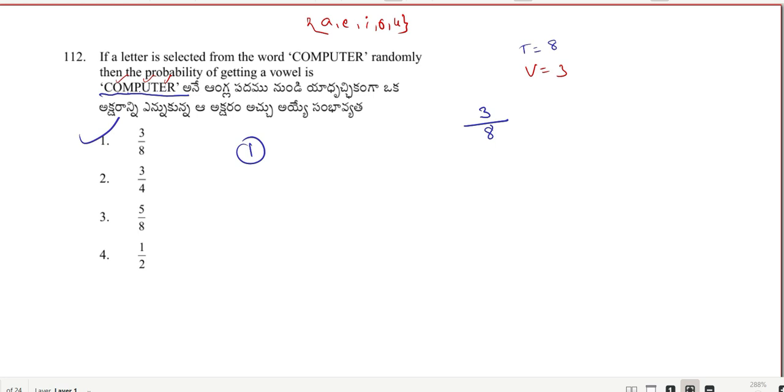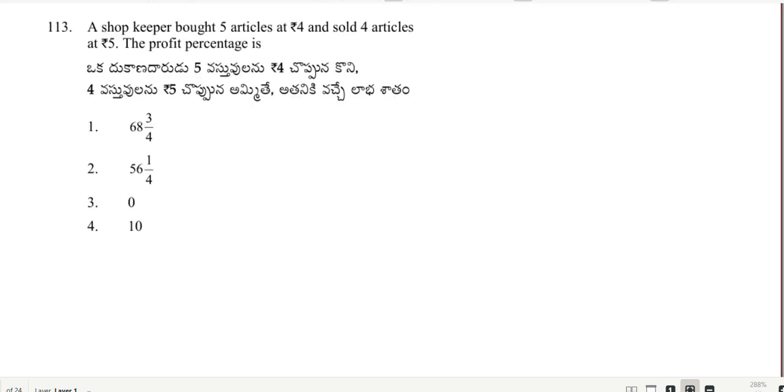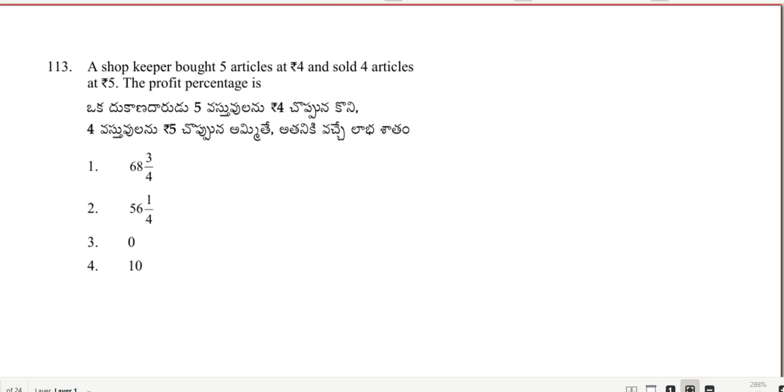Now let us see this next question. Okay, a shopkeeper bought 5 articles for 4 rupees and sold 4 articles for 5 rupees. Then profit percentage is what is asked. So firstly, let us take cost price and selling price. What we know? Cost price of 5 articles, 5 times cost price of 1 article, is given as 4 rupees, and selling price of 4 articles, that is 4 times selling price of 1 article, is given as 5 rupees.